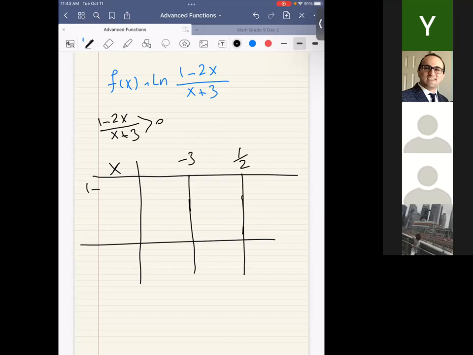Then you have 1 minus 2x, x plus 3, and the whole thing, 1 minus 2x over x plus 3. 1 minus 2x is 0 when x equals 1/2. It is negative when x is greater than 1/2, and positive when x is less than 1/2. x plus 3 is 0 when x equals minus 3, negative here, positive here. Now you multiply, you get minus plus minus.